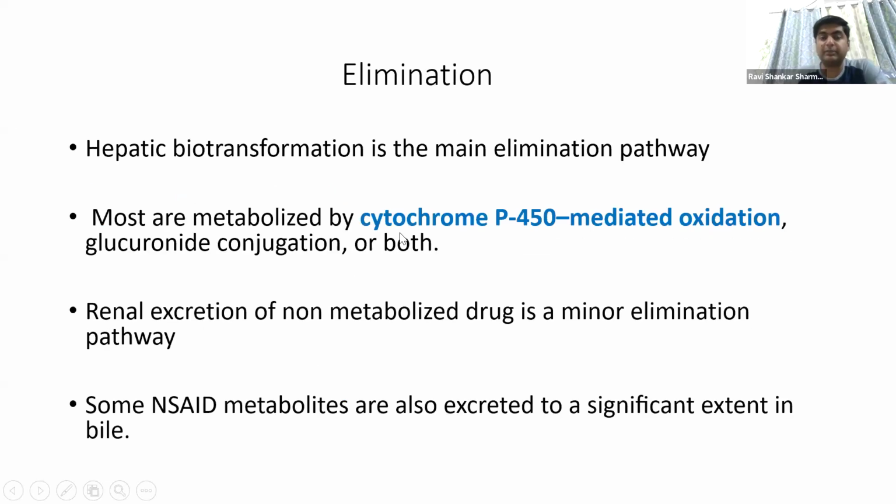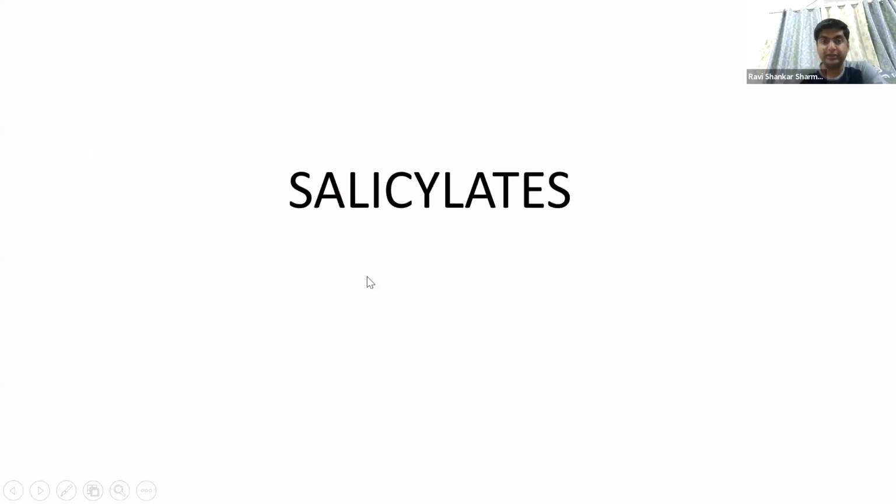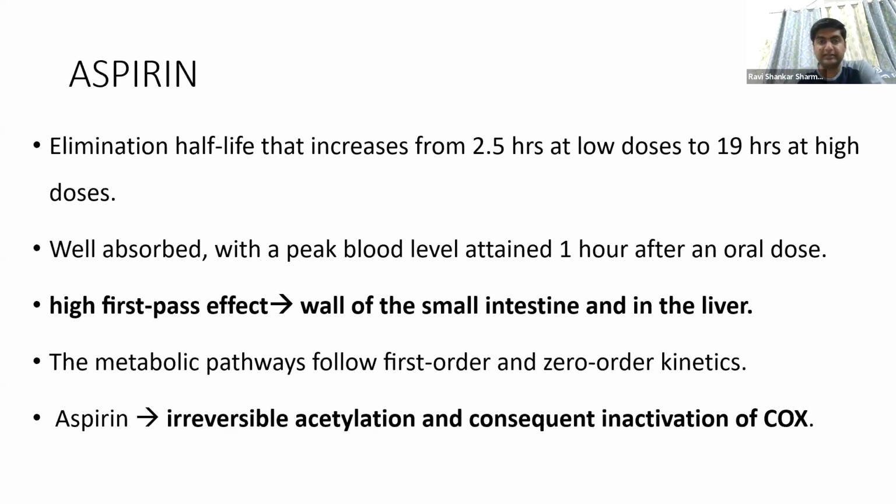Elimination: it is metabolized by cytochrome P450, mostly by oxidation and lesser by glucuronide conjugation. Okay. Then coming to individual compounds, salicylate, yes, aspirin has a high first-pass effect, which especially takes place in the liver or the wall of the small intestine.